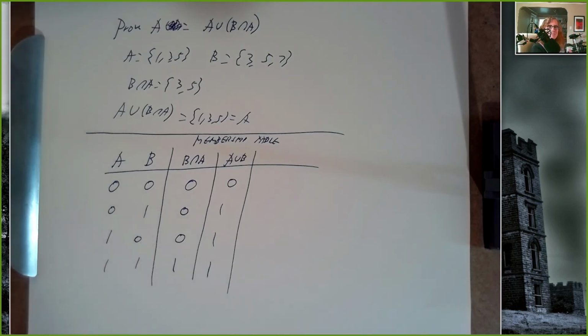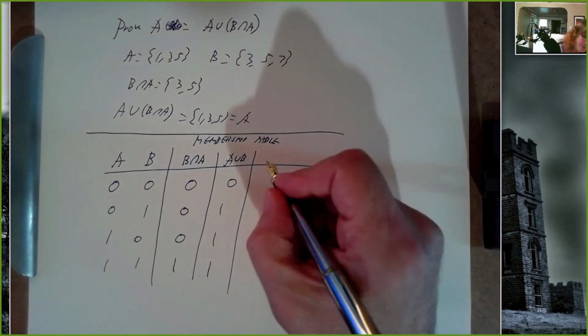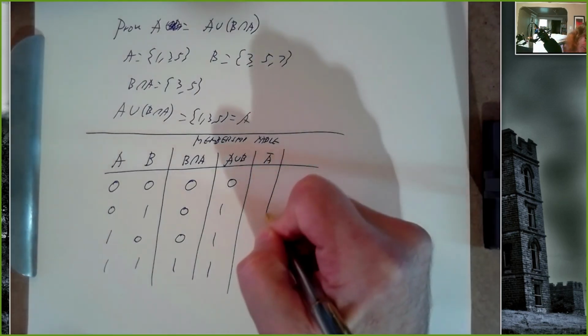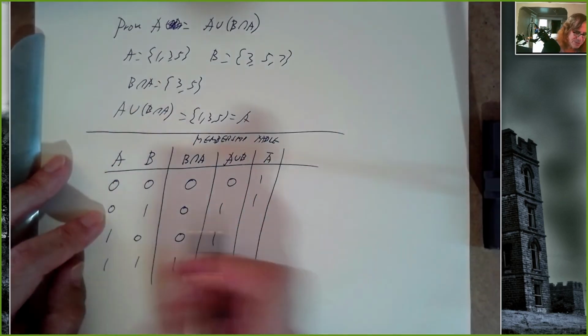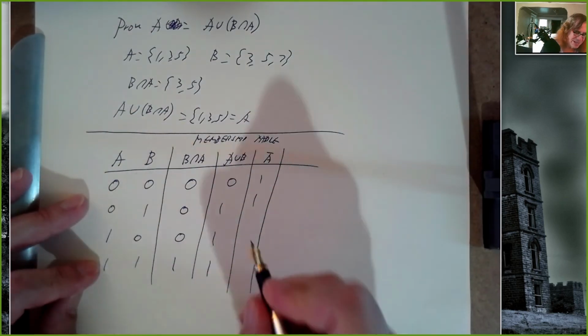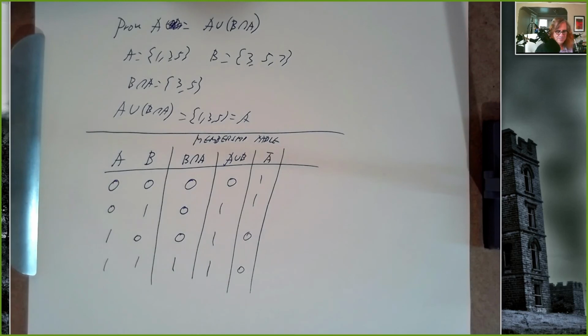This is a map from set theory to Boolean logic. And if I wanted to write the complement, well, if my element is not in A, it's in the complement. And if my element is in A, it's not in the complement. Right? This is just a plain old truth table.